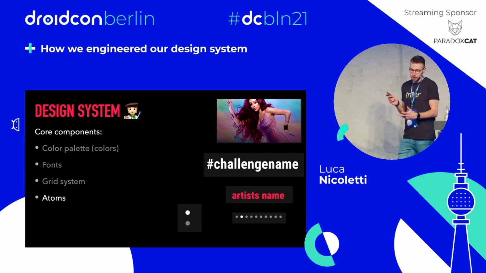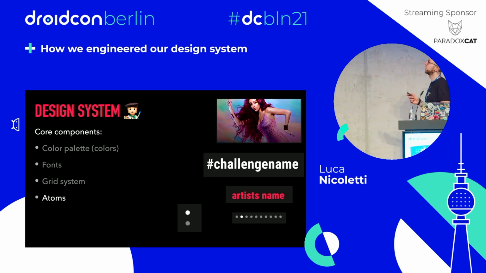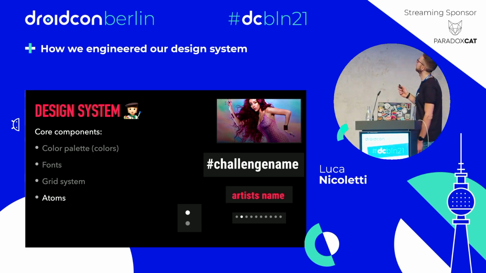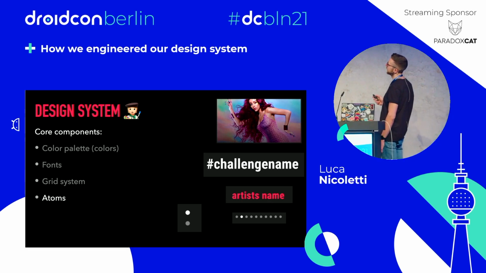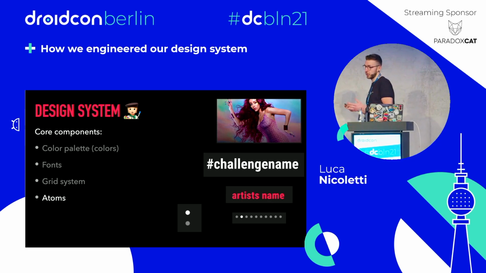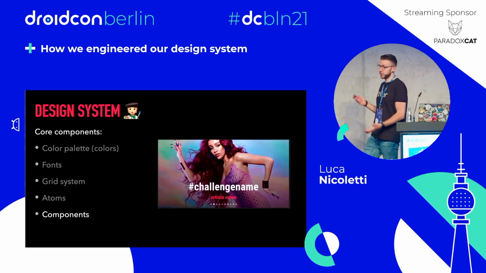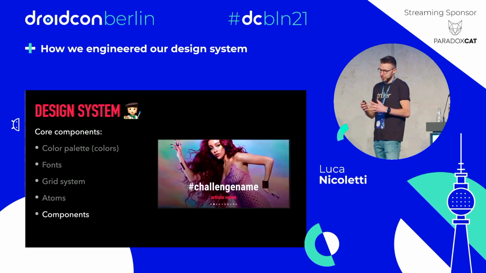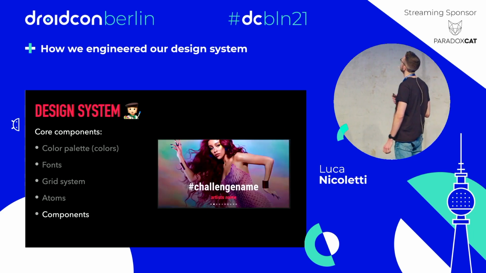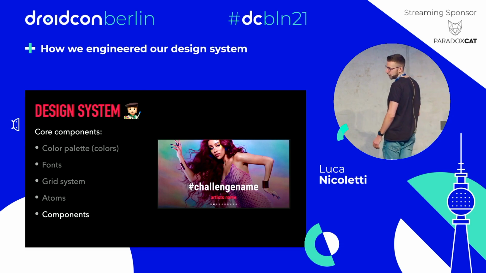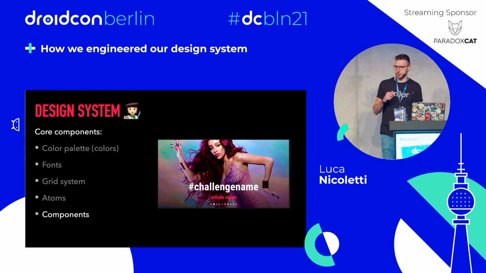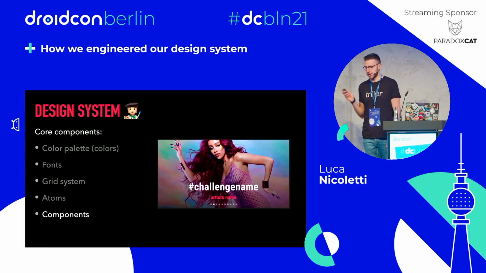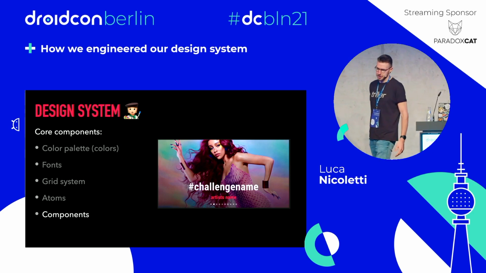For example, the dot, which can be enabled or disabled, and this, for example, would be considered a molecule, as it's a combination of small atoms. And all together, we combine all those atoms and molecules to have a component, which in this case here is a banner to showcase challenges that we're displaying in our app.